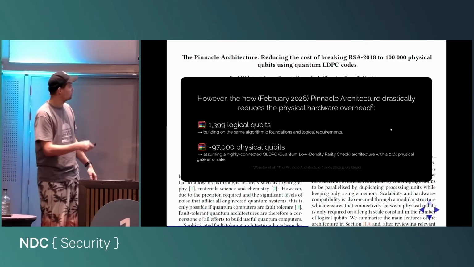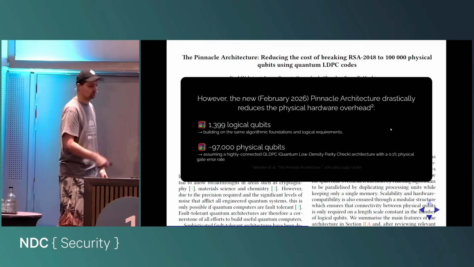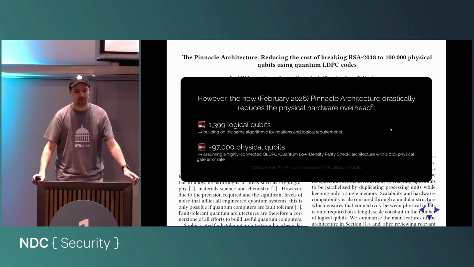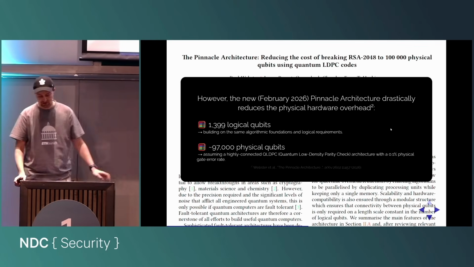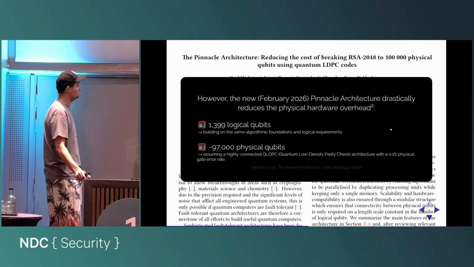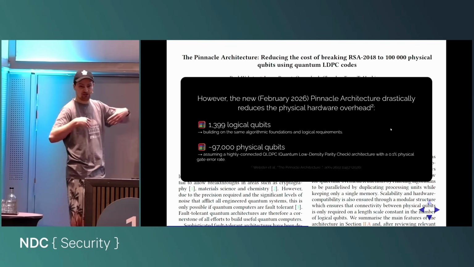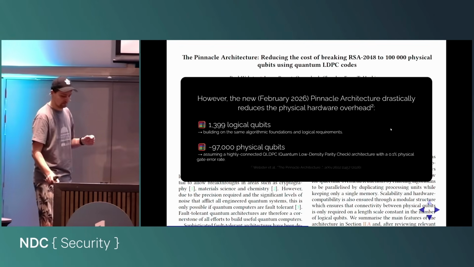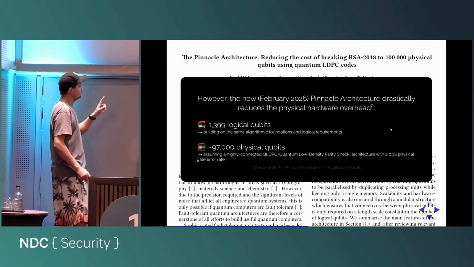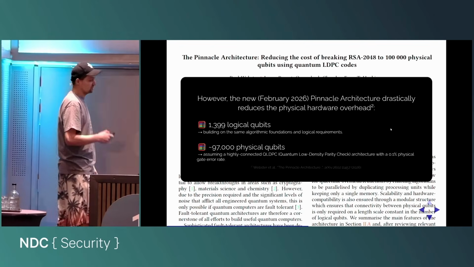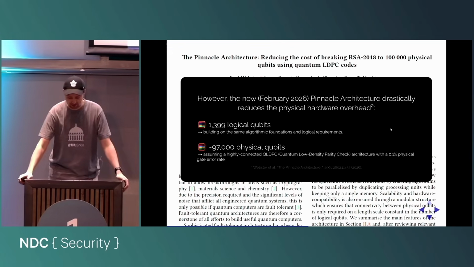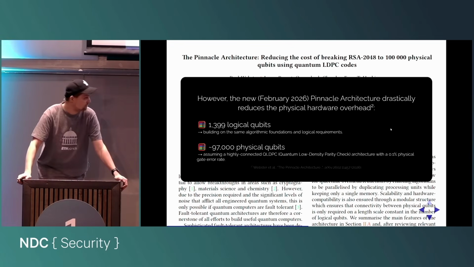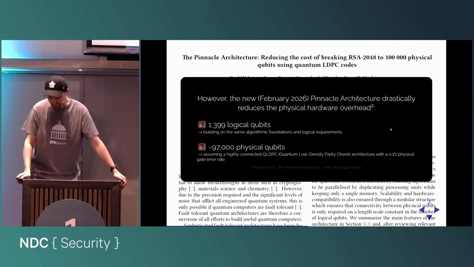Long story short, this allowed them to improve this by a factor of 10. So suddenly we are down to about 100,000 physical qubits, which accelerates the whole timeline for migration to post-quantum cryptography by probably at least 2 years. Now, this is a big deal. This really just happened, I think in mid-February.